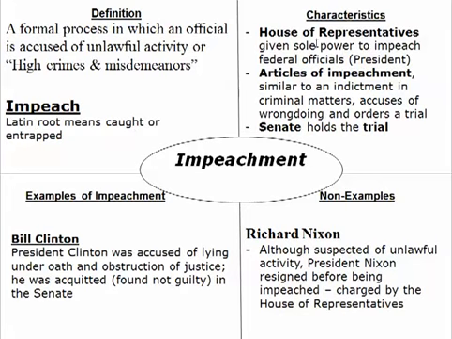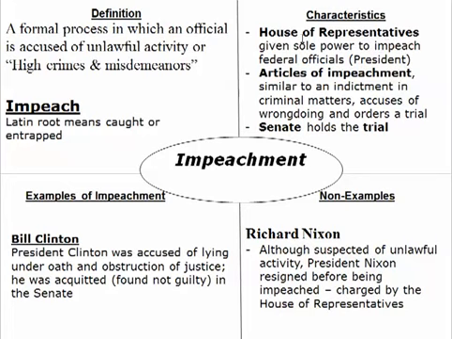The characteristics of the impeachment process under the Constitution give sole power of impeachment, that is, accusing a federal official, especially the president, of doing something wrong, to the House of Representatives.